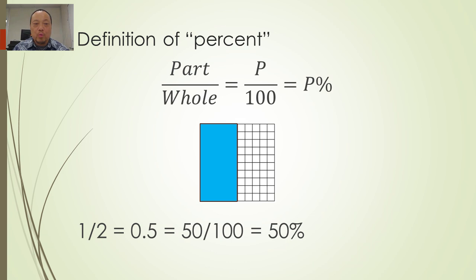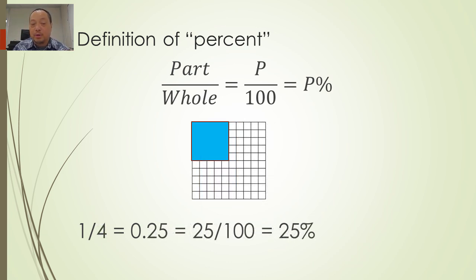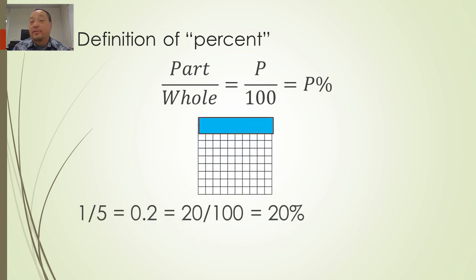For example, 1 over 2 equals 0.5, which is the same as 50 over 100, and therefore is 50%. Another example, 1 over 4 equals 0.25, which is 25 out of 100, 25%. 1/5 equals 0.2, which equals 20 out of 100, or 20%.